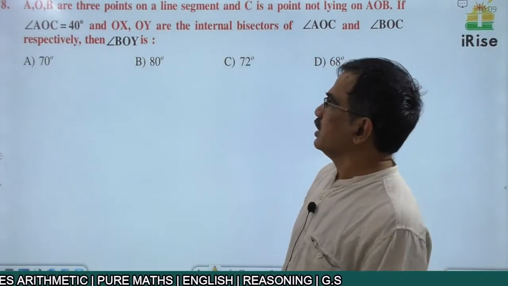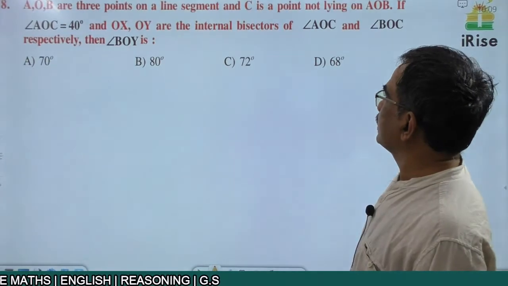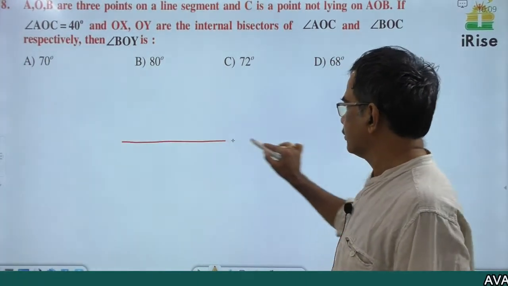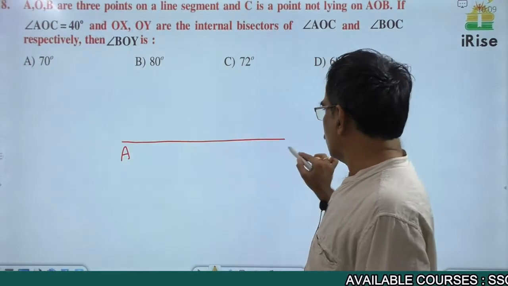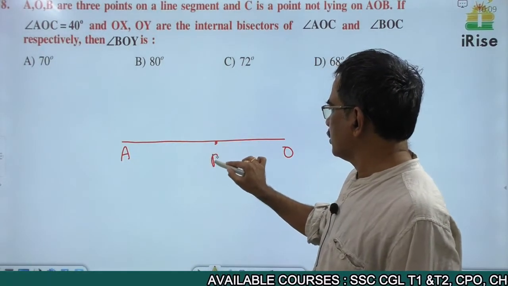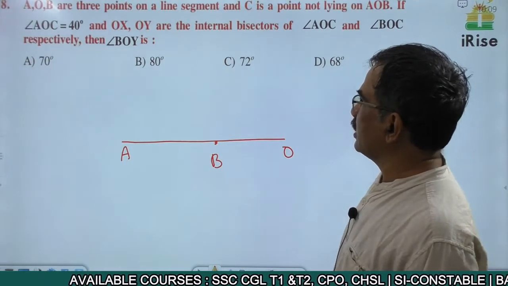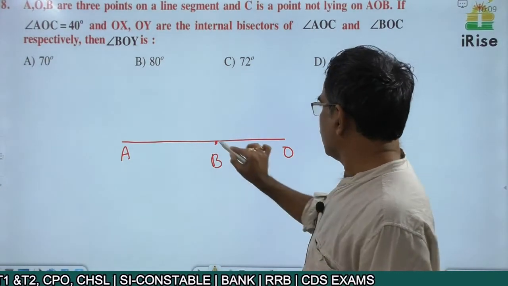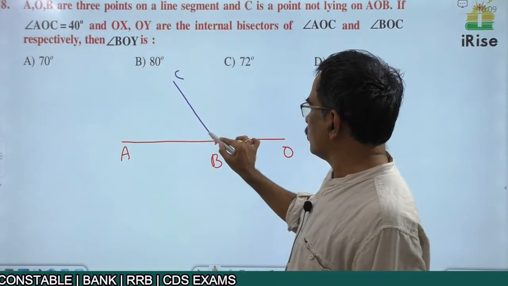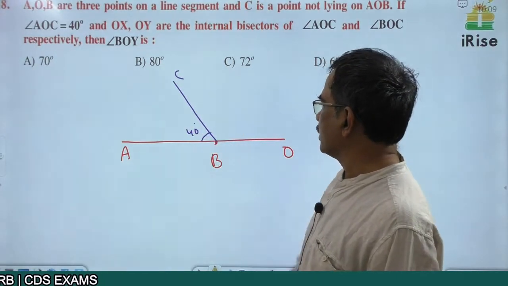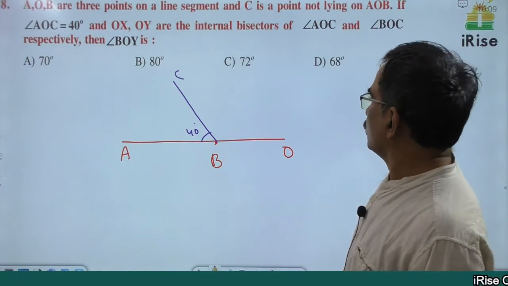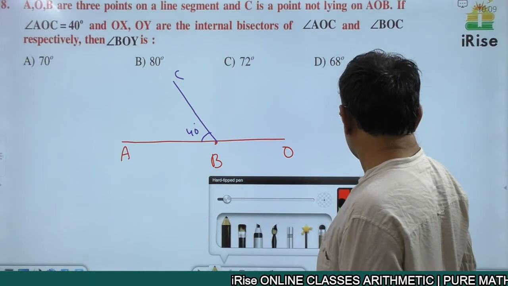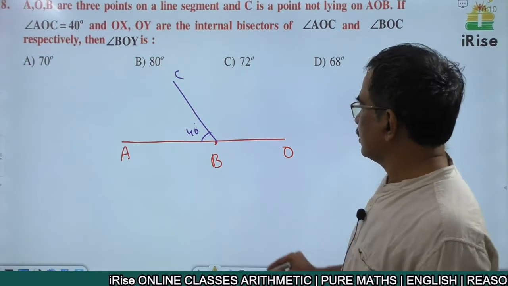See this question. A, O, B are three points on a line segment. C is a point not lying on A, O, B. This is a line. Angle AOC is equal to 40 degrees. This angle is 40 degrees. OX and OY are internal bisectors.